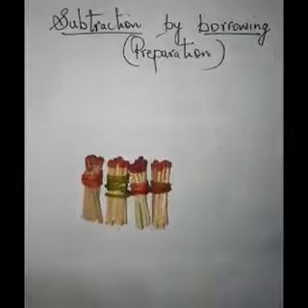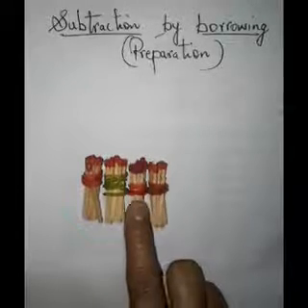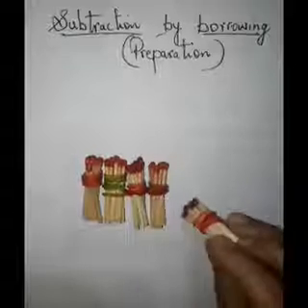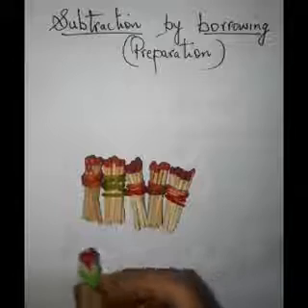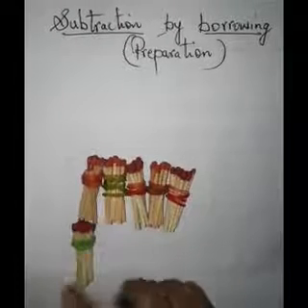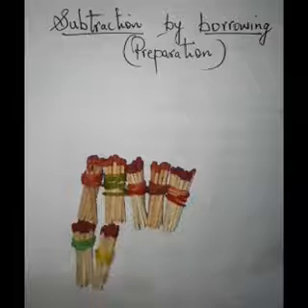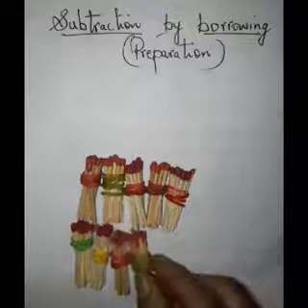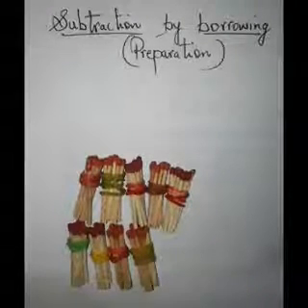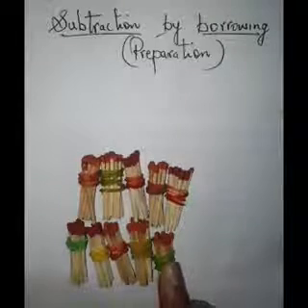4 tens. So 1 ten, 2 tens 20, 3 tens 30, 4 tens 40, 5 tens 50, 6 tens 60, 7 tens 70, 8 tens 80, 9 tens 90, and 10 tens is 100.